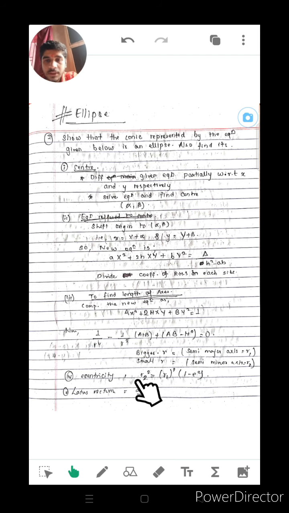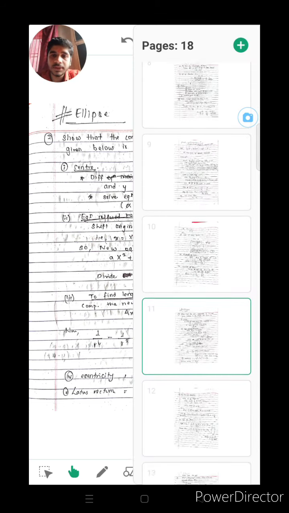And for eccentricity we have to find r square, the smaller value of r square equals r1 whole square times 1 minus eccentricity square. By knowing these two values we can easily find the eccentricity. And for the latus rectum we have 2r2 square by r1. So let's move forward.